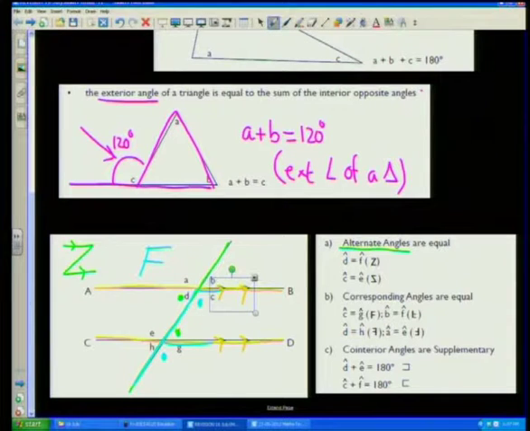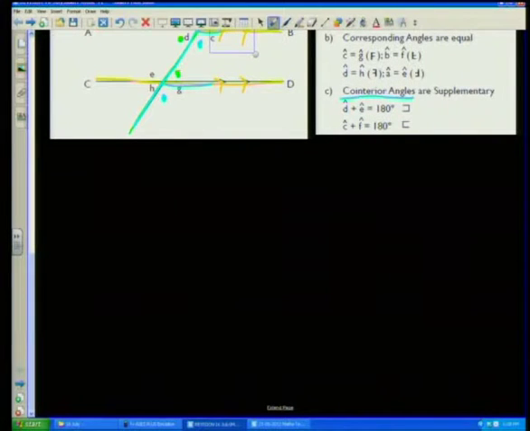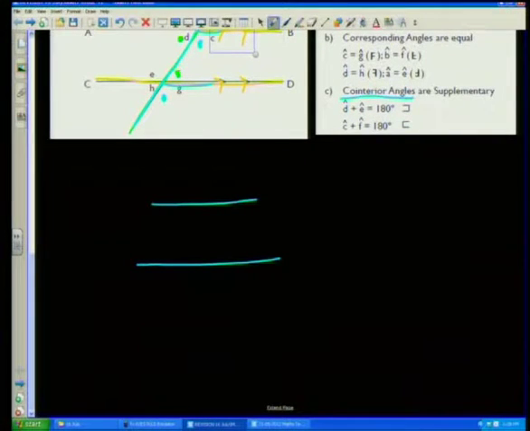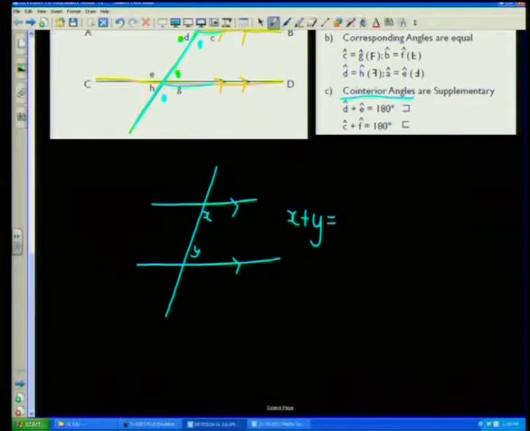And lastly, co-interior angles. Now let's just extend a little bit down here. And remember that if I have got parallels and I take this angle inside there and this angle here, then I would be able to claim that X and Y together add up to 180 degrees because they are in that U shape.